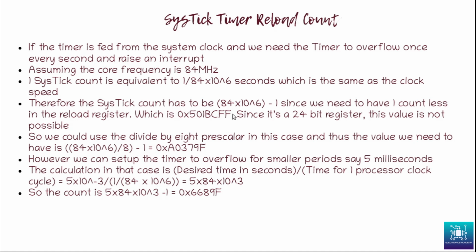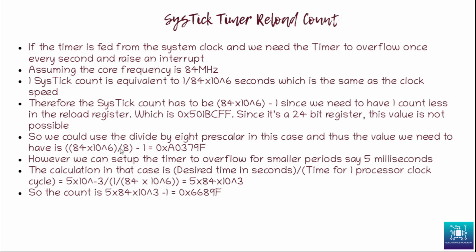So what we can do is use the divide by 8 prescaler, so that value becomes this for the load register. So this minus 1, of course. So this is the value, and this value can be put into the load register.